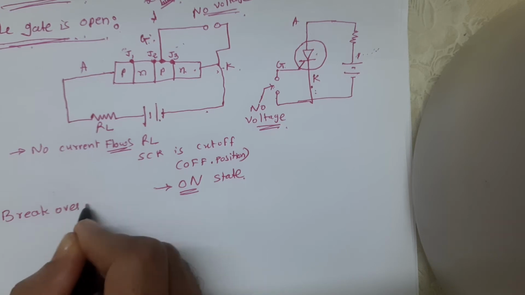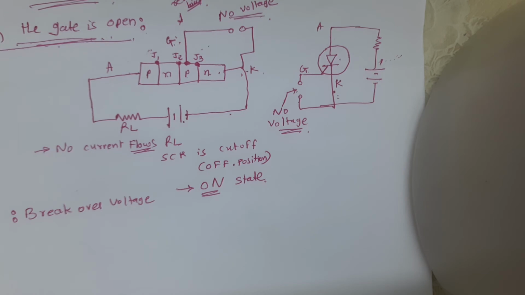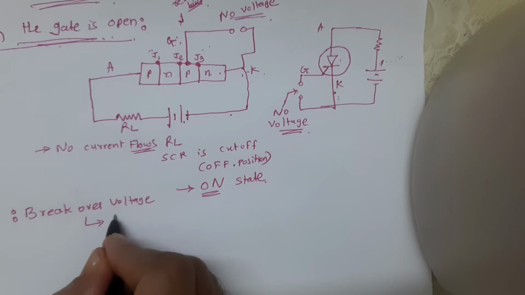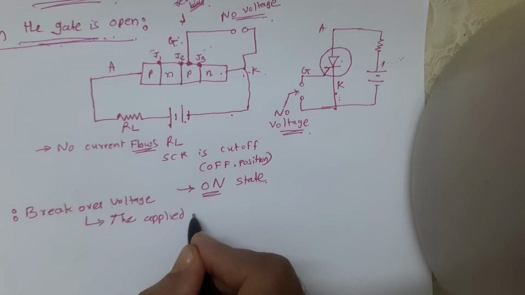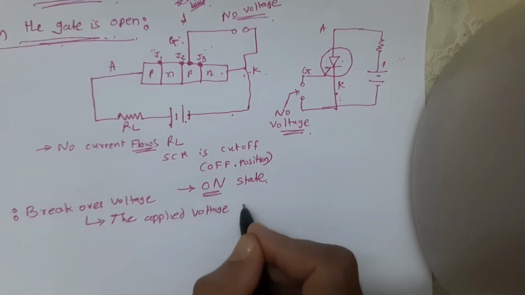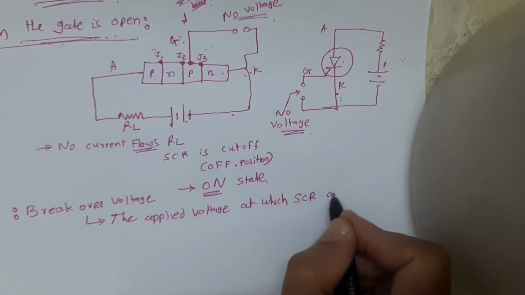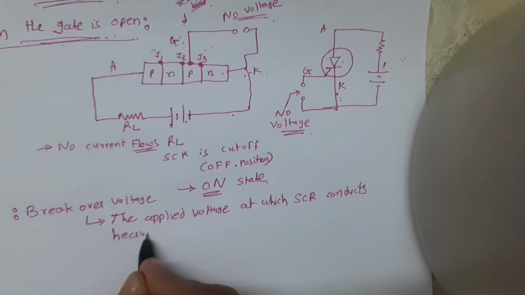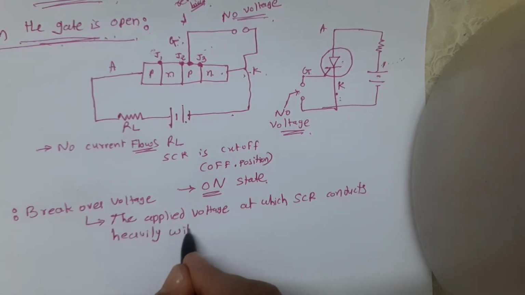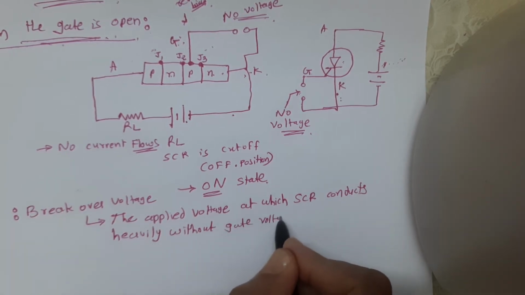It is the applied voltage at which the SCR conducts heavily without gate voltage.